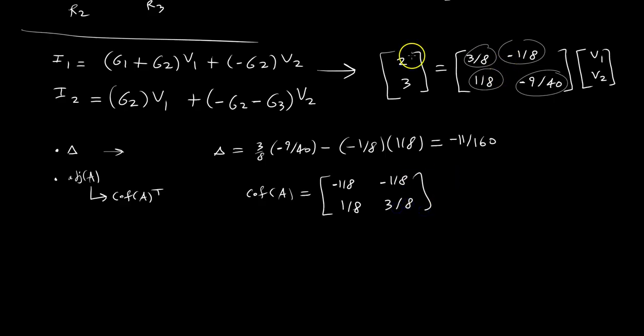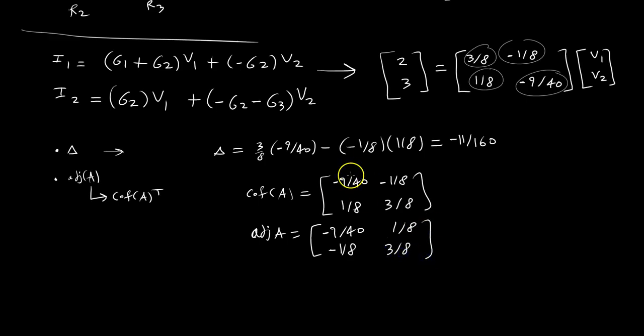And it looks like for the first term I actually made a mistake. For the first term, when we cover these elements, we get negative 9/40. Now to transpose this, to find the adjoint of A, we just transpose this guy, and so let's double check. Right, that's correct.